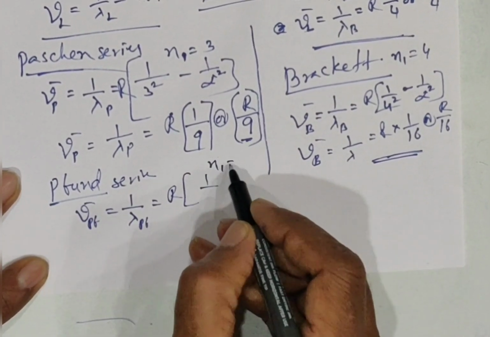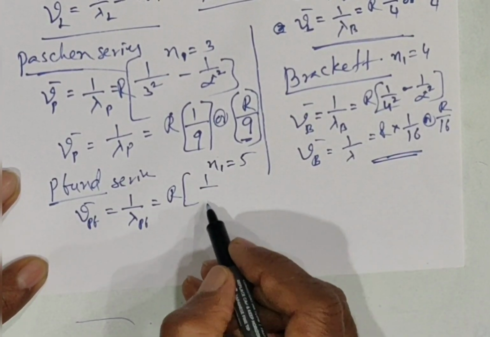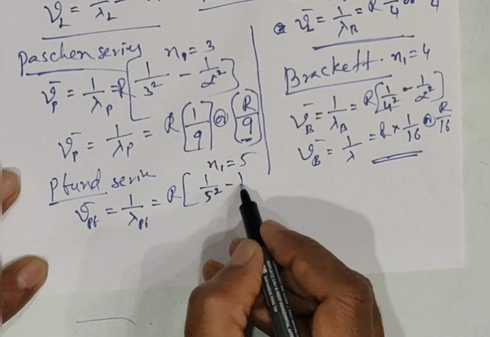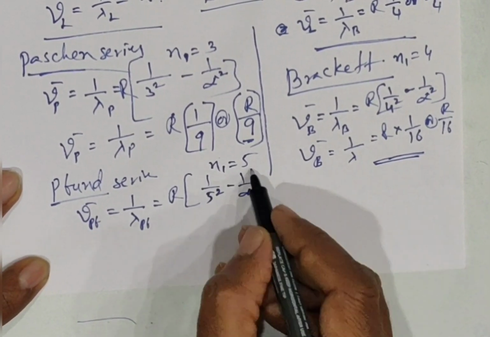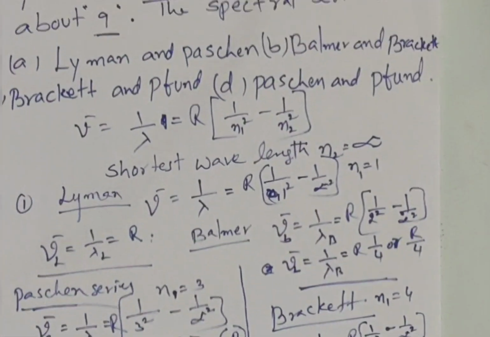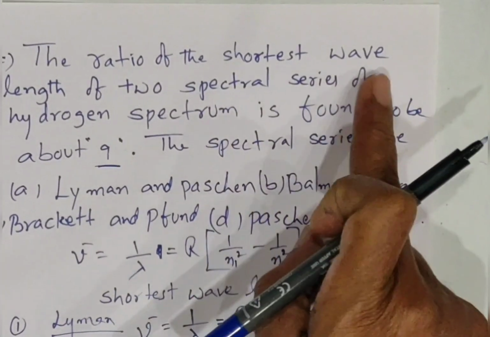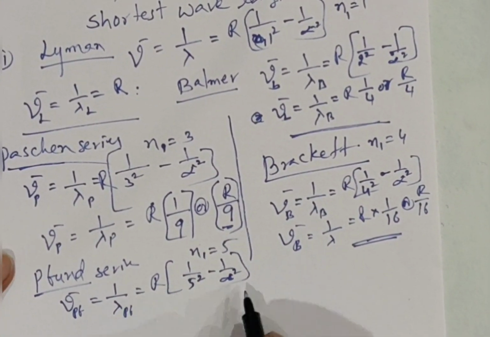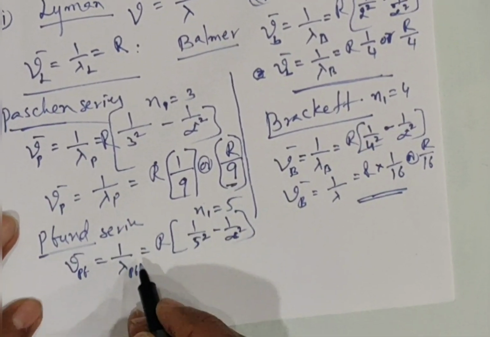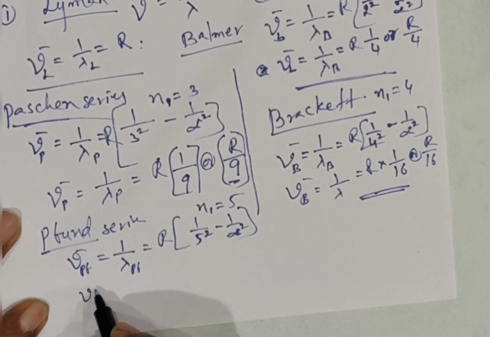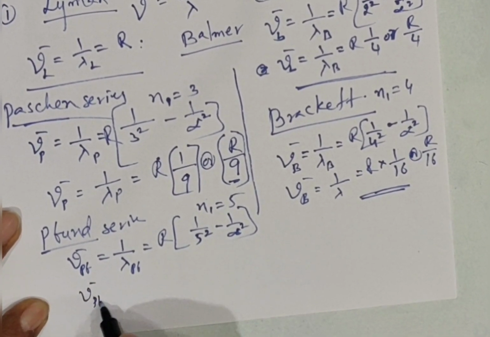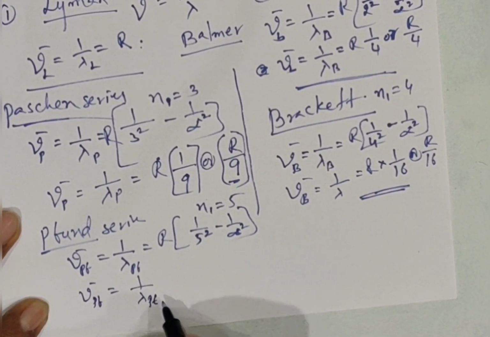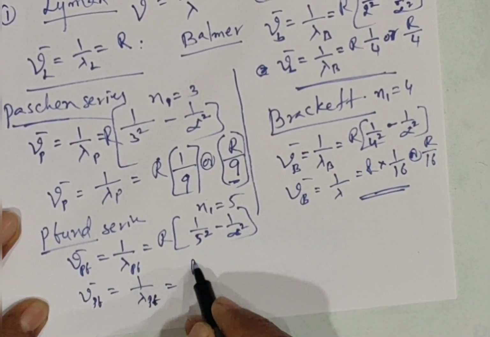Here n1 is equal to 5, right? n1 is always constant, and n2 is infinity for the shortest wavelength. Right? Now, we will get nu bar Pfund series is equal to 1 by lambda Pfund series is equal to R by 25.